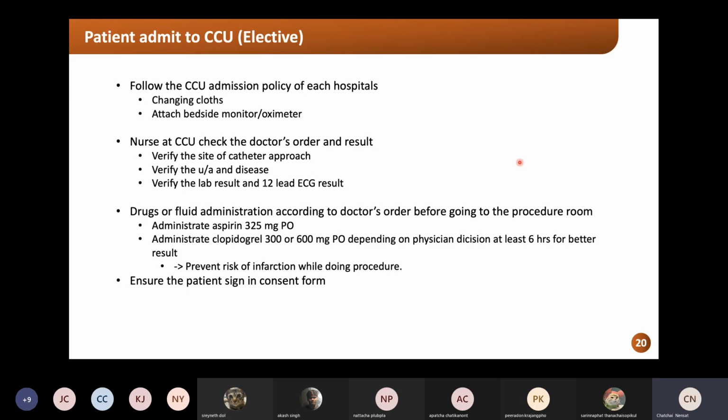You will see the nurse will check or verify the catheter approach site, like through the radial artery or femoral artery, and verify underlying and other diseases, and verify the lab results or the ECG result. And the drug or fluid administration might be given in the CCU according to the doctor's orders, like aspirin or clopidogrel. And the last one, the nurse in the CCU has to ensure that the patient has already signed the consent form before doing the procedure.